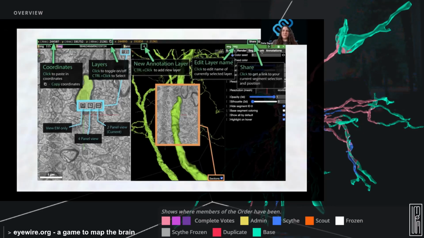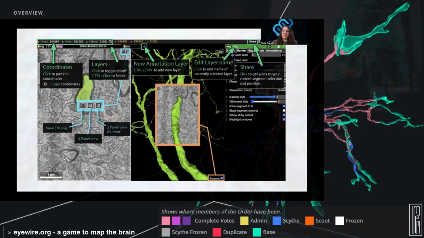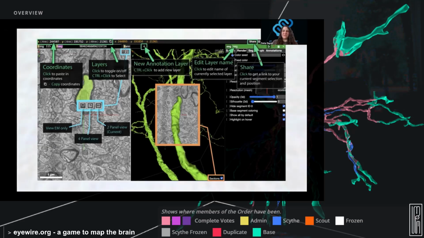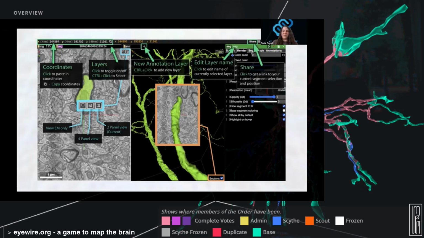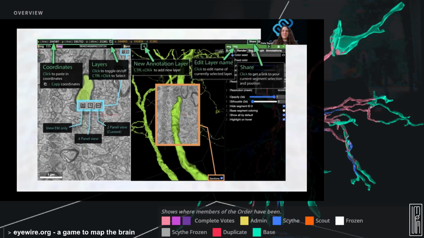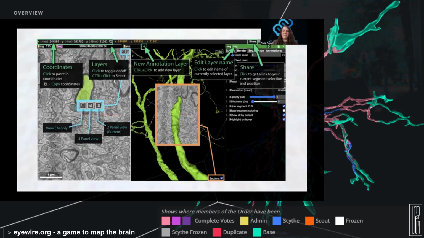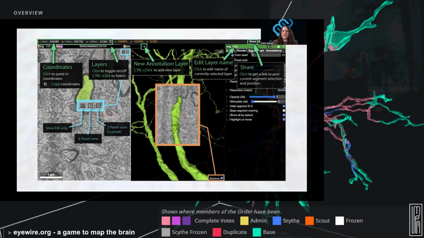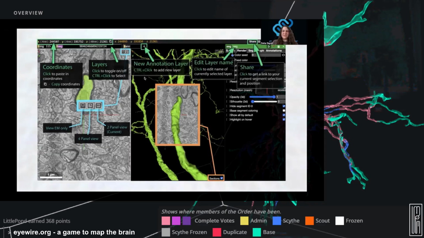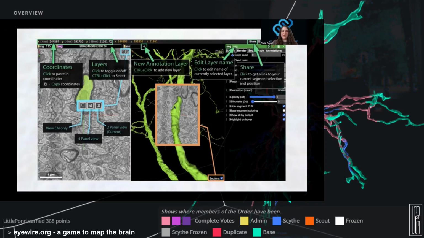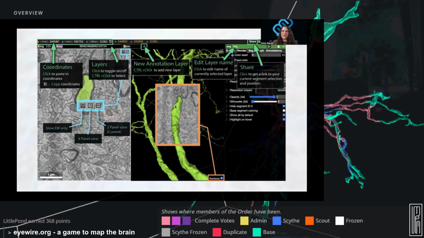That's probably the most important thing to know about EyeWire 2: when you're sharing information, you always want to use the share button. We're basically sharing links. That's how we share instances of what we're working on. So in EyeWire 1, you might use the Scouts log to have an image and then write some information about your cell. In EyeWire 2, all your information is going to exist within whatever you're working on, your annotation points.